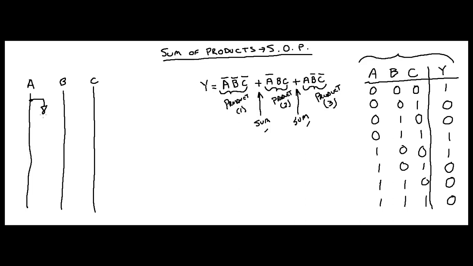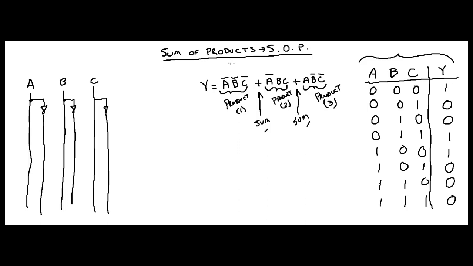Pointing down, there's your inverter bubble. This is A bar. B bar. There's C bar. Get it?